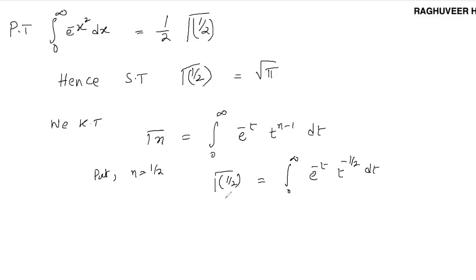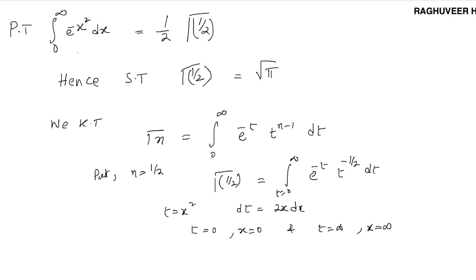Now let us consider t as x square, so dt will be 2x dx. This is for t going from 0 to infinity. So when t is 0, x is 0, and when t is infinity, x is infinity.